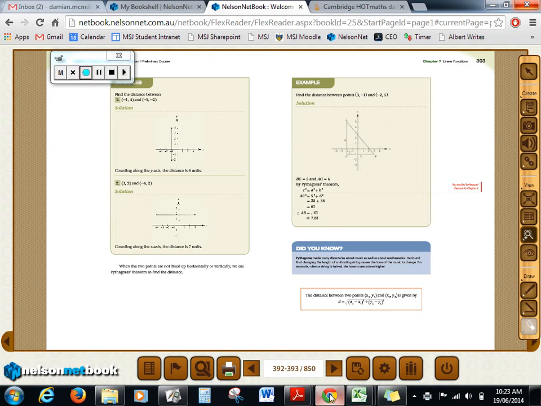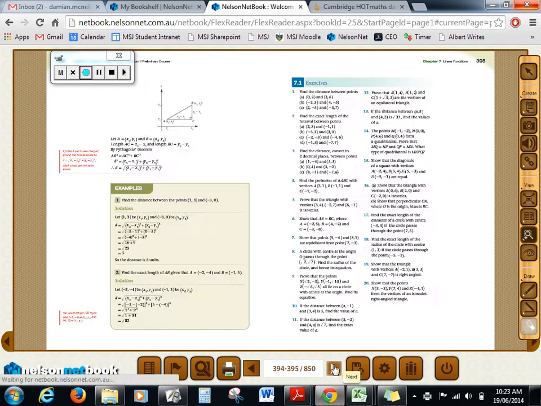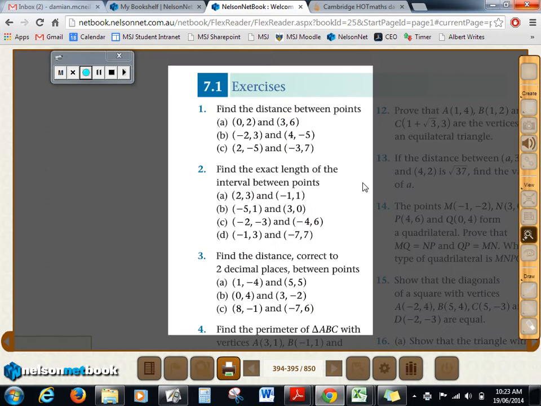So, yeah, this is the textbook. The first few questions are simply finding distances between points. So question 1 here will simply have a beginning and an end point.